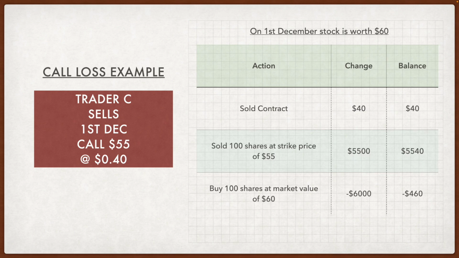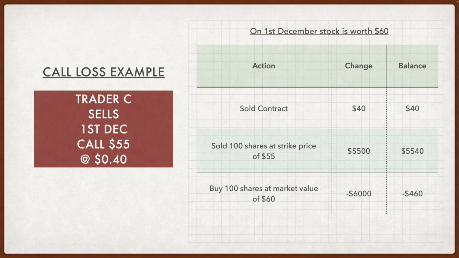So let's go through their profit example for Trader C, or rather in this case a loss example, when the stock is worth more than the contract strike price. So initially the seller sold the contract to the buyer and they received $40. Now at expiration, Trader C is forced to sell 100 shares at the strike price of $55.